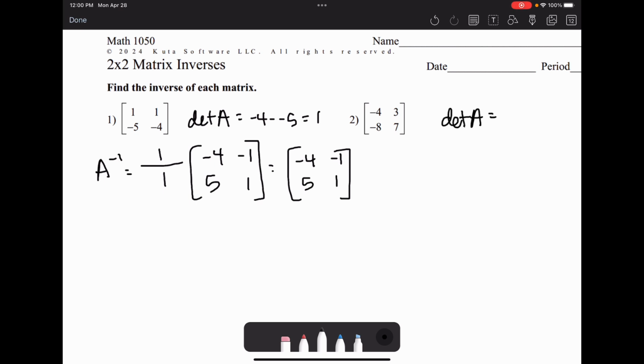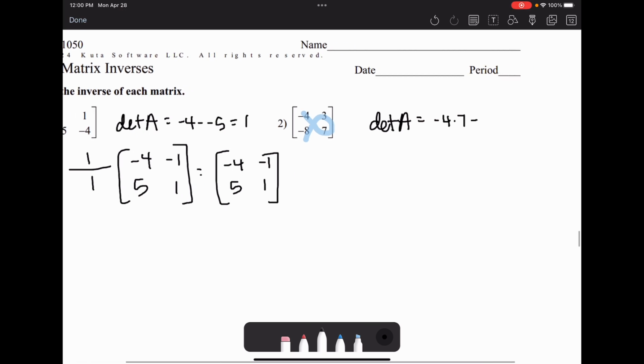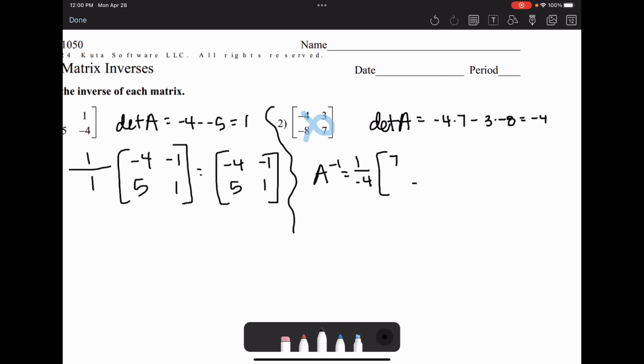On the next one, with our little loop-de-loop, that's -4 times 7 minus 3 times -8. So the determinant there is -4. We switch these two places and we switch the sign on these.